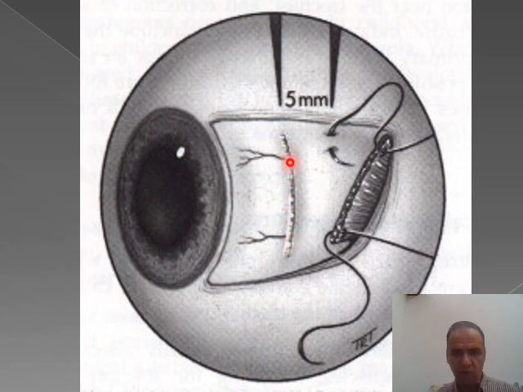We cut the muscle from its insertion and then resuture the muscle more posterior. This is 5 or 6 or 7 or even 8 millimeters according to the degree of esotropia, but we should not go posterior to the equator because the action of the muscle becomes in the opposite direction.